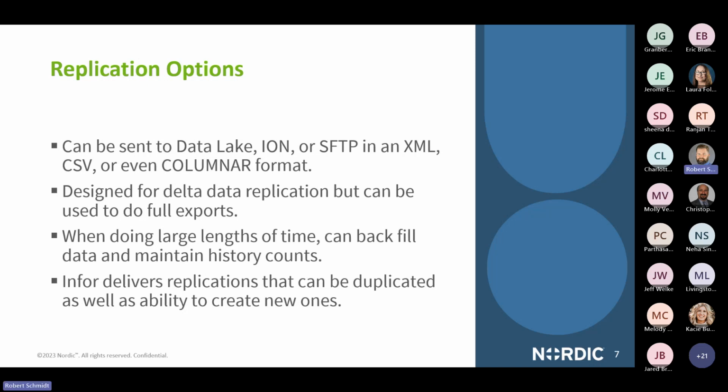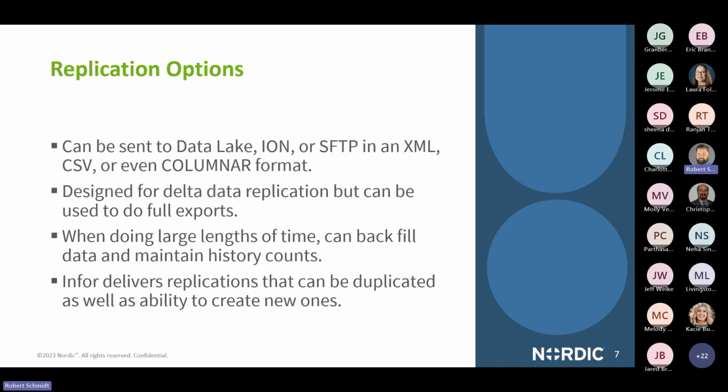Like I said before, they are in essence designed to give you change data. So as the data within the business classes changes, we're going through business processes. When my replication set runs, generally on a schedule, it has the last time that it ran, and it's going to look to identify what data has changed based on the definition of the business classes within the replication set and provide that change data out, or I can reset it and pull and do full exports of the data within there.